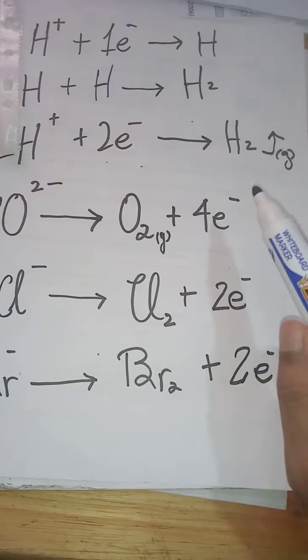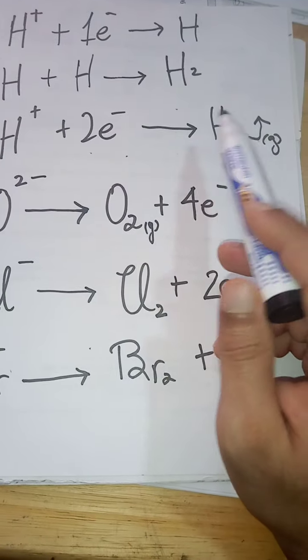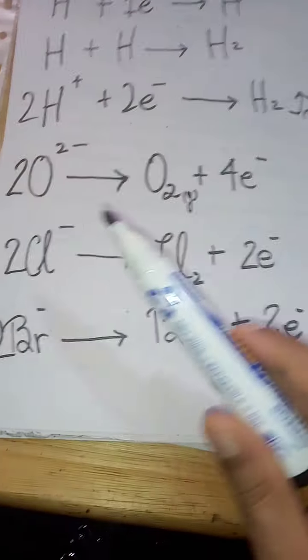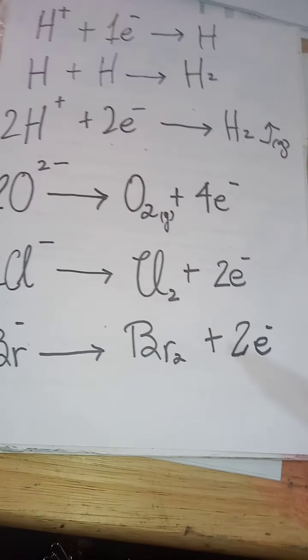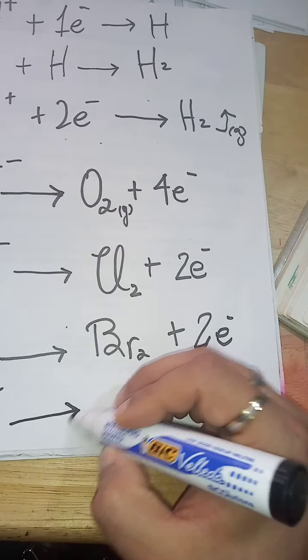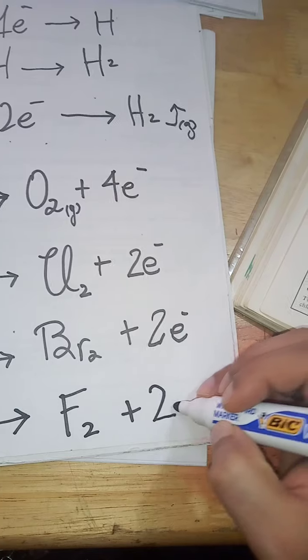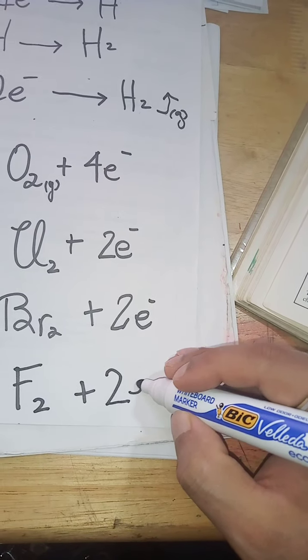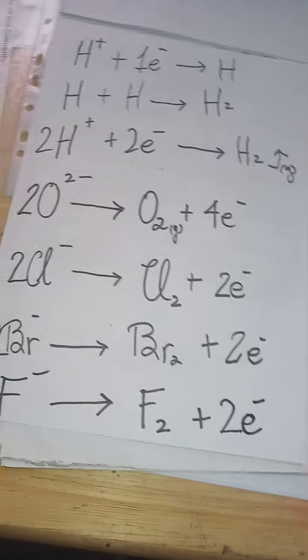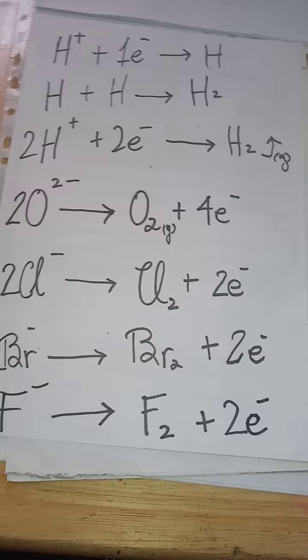So divalent gases will be requiring 4 moles of electrons to be released. Hydrogen would require 2 moles of electrons to be released, and chlorine, bromine, fluorine would give off 2 moles of electrons each at the anode to be released onto the anode. And you can then collect it from there onwards or just let it release itself.